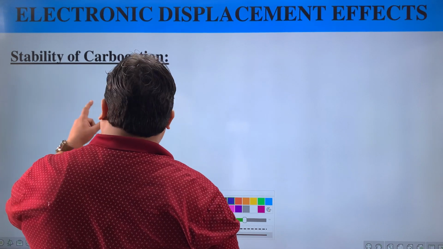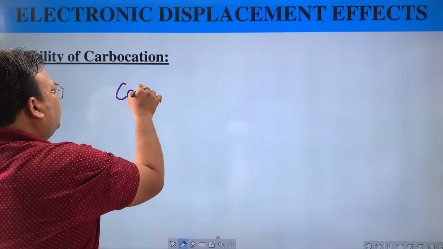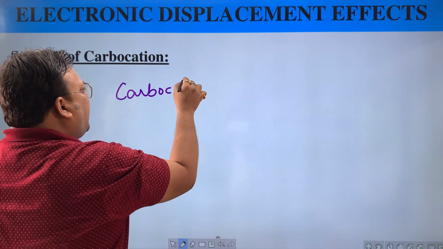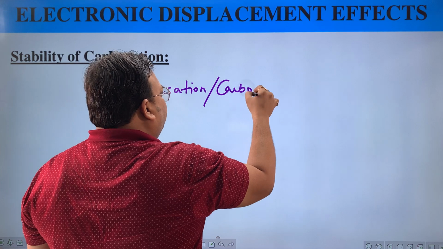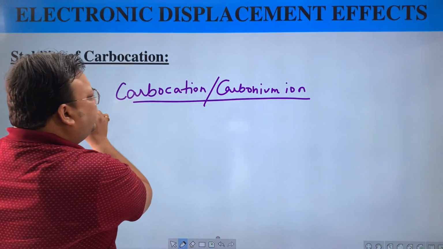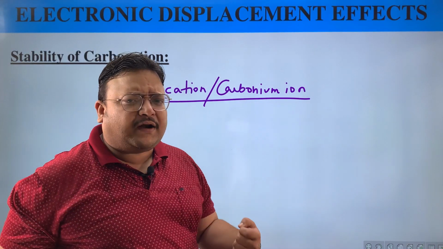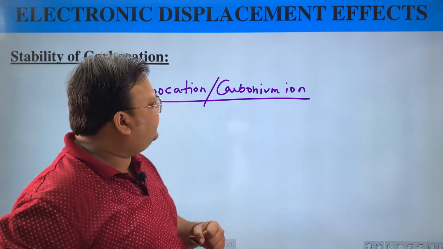When it comes to stability of carbocations, or the other name was carbonium ion, which will be the intermediate of so many organic reactions. Certainly the stability of intermediate will decide the mechanism, the rate of the process.